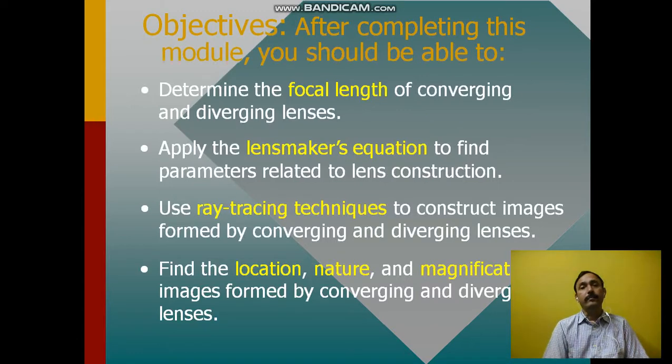Learning objectives. After completing this module, we should be able to determine the focal length of converging and diverging lenses. Apply the Lensmaker's equation to find the parameters related to the lens construction.